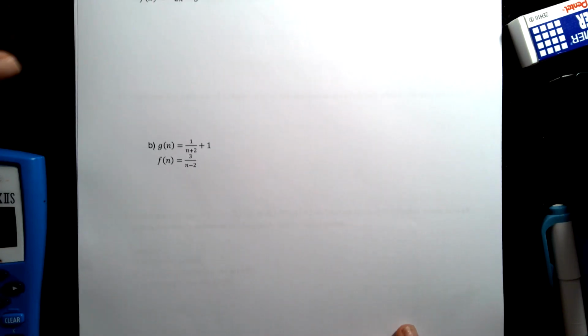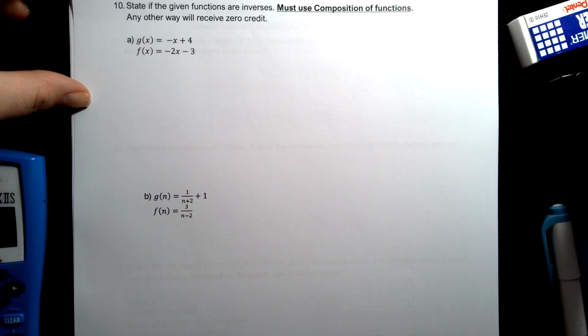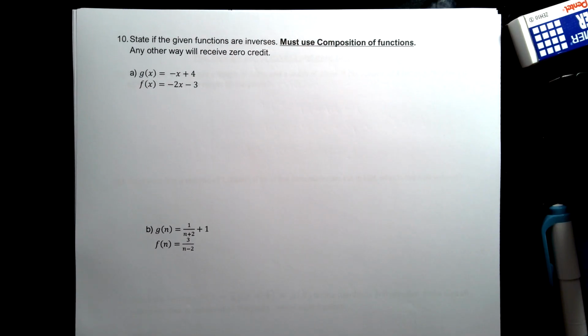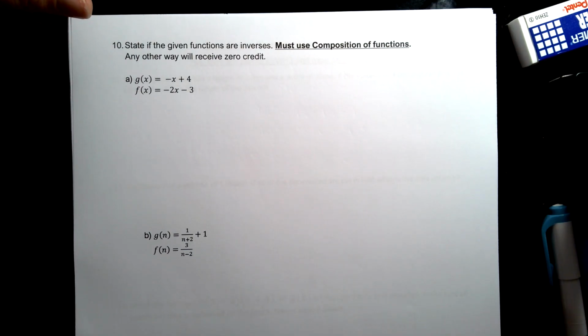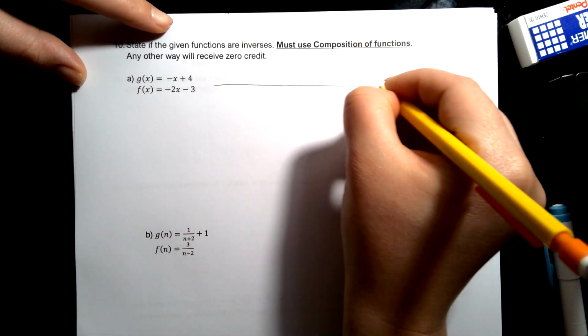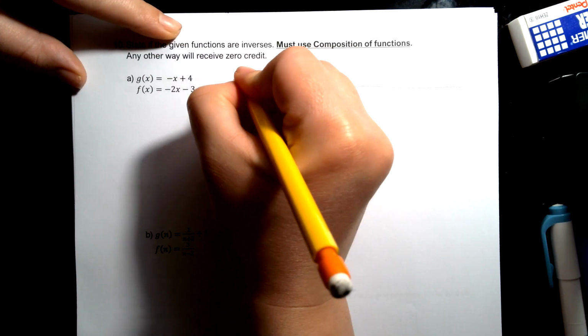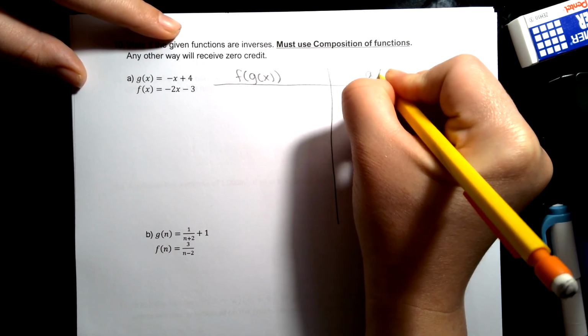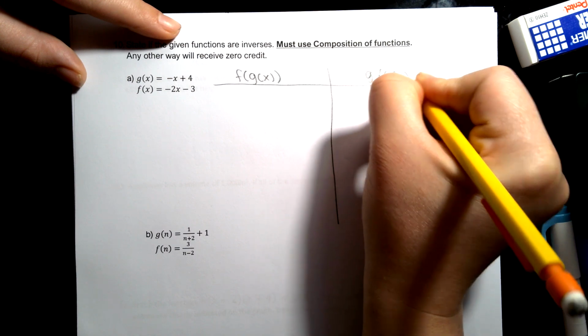Okay, number 10. State if the given functions are inverses, and you must use the composition of functions. So to do this, you're going to be checking 2 items, and 2 items need to be checked always. And that is your f of g of x and your g of f of x.